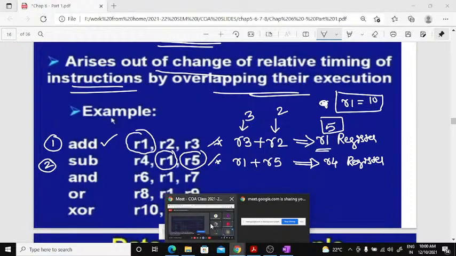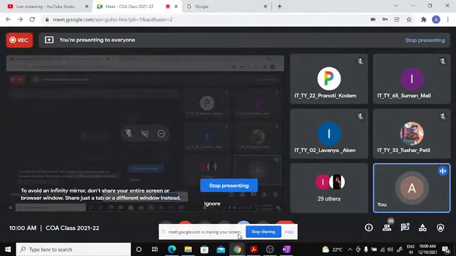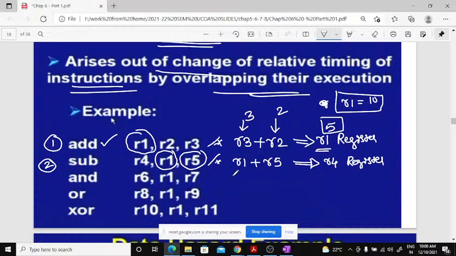Suppose the instruction does not execute within that particular time, then R1 will take the previous value, which is 10, but the correct value is 5. There is a data dependency.